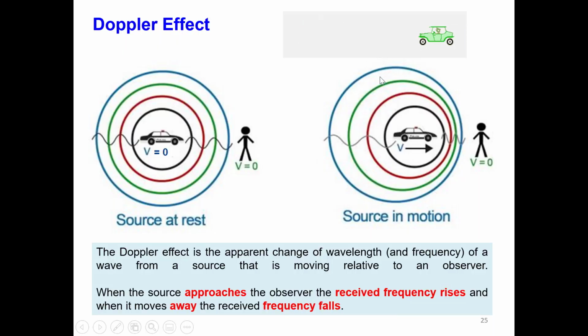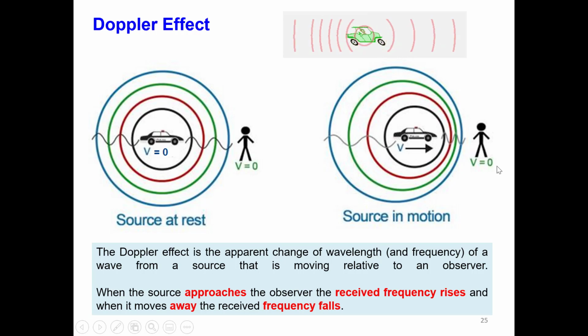Let's review what the Doppler effect is. The Doppler effect is the apparent change of wavelength and frequency of the wave when the source is moving relative to an observer. And in this picture, we can see if the source of the sound and the observers are at rest, they are not moving, then there is no change in the wavelength, and if there is no change in the wavelength, there is no change in frequency.